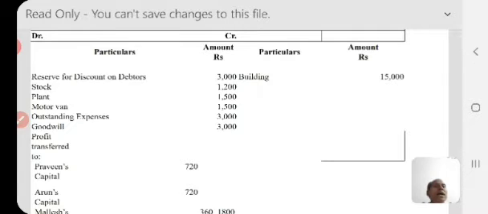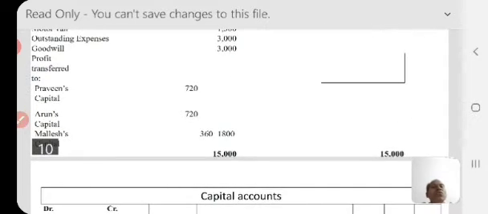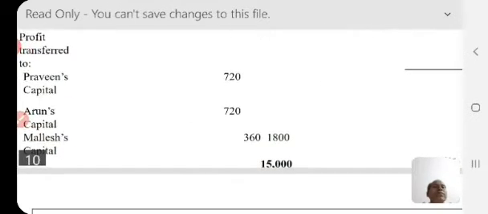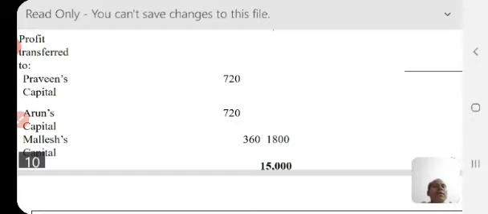The credit side balance is higher than the debit side balance, so that is the profit that should be transferred to the capital accounts of Praveen, Arun, and Malesh, all the partners' capital accounts.